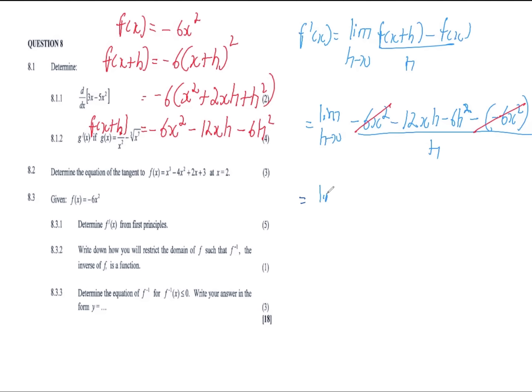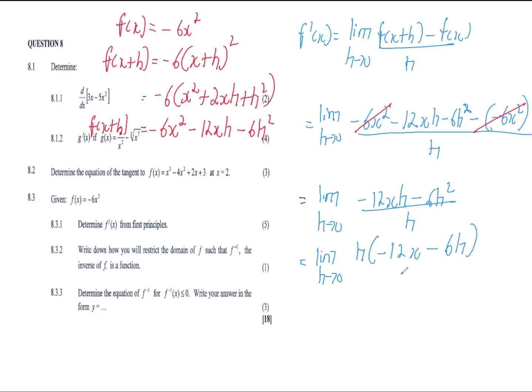Then we have the limit as h approaches 0. Then we are left with -12xh minus 6h squared over h. But now we can factor out the h as a common factor, so we have h, and then this will be -12x, and then minus 6h, then over h. Why do we do that? It's because we want to cancel out with the h that is on the denominator here, right?